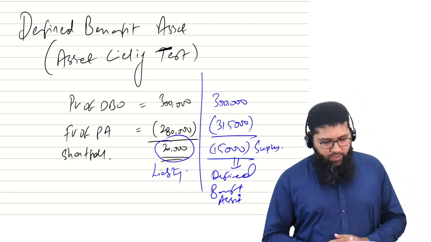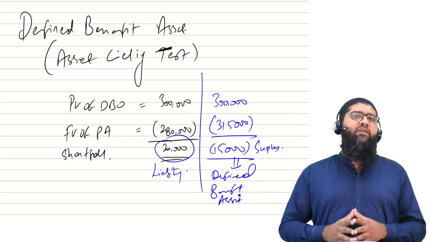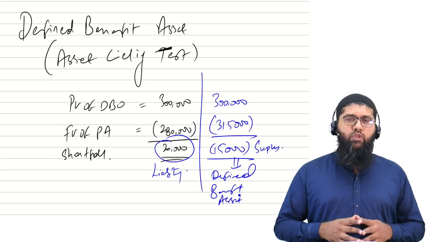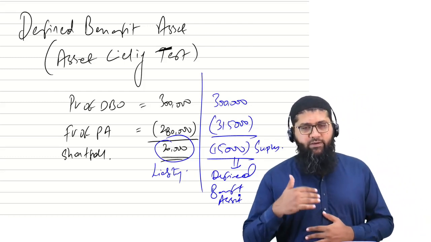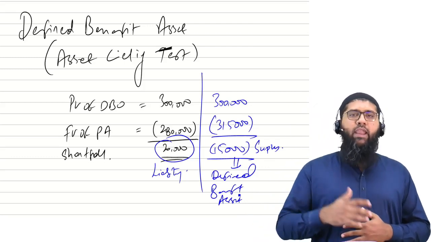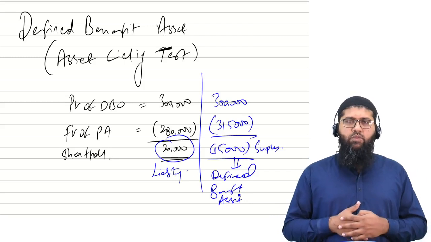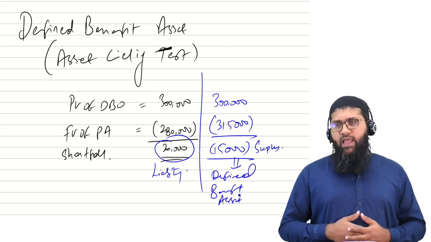Now, as you know that the accounting standards have always followed the approach of prudence. So with respect to following the approach of prudence, the accounting standards generally do not allow you to recognize or overstate the assets. They're being very cautious when it comes to recognizing the asset.